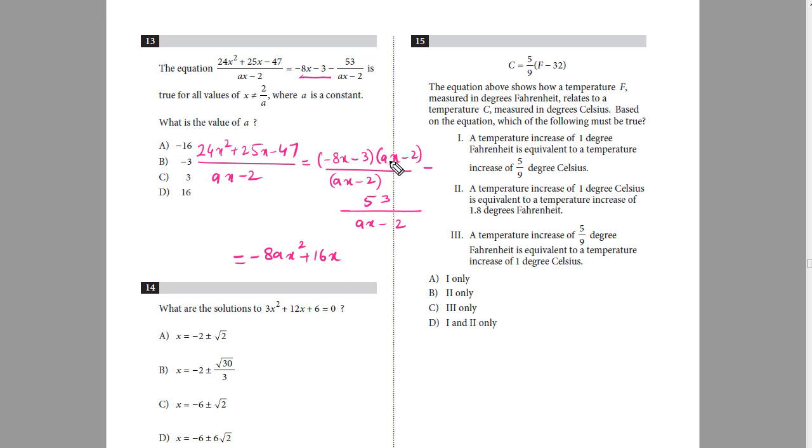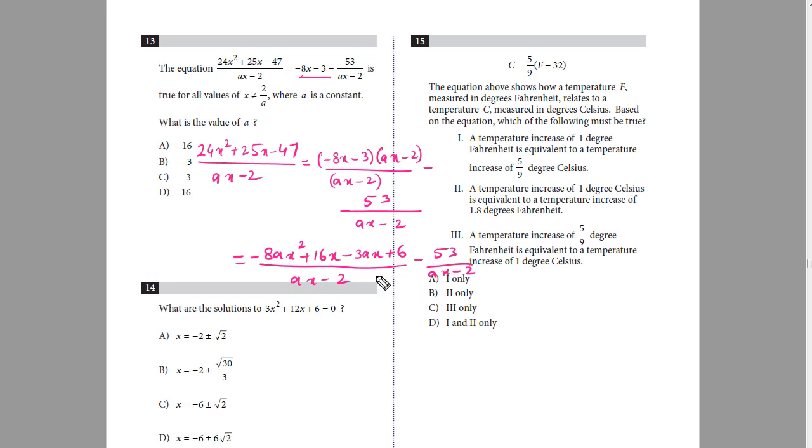Now negative 3 times ax, it will become negative 3ax, and negative 3 times negative 2, it will become plus 6, all divided by (ax minus 2), minus 53 over (ax minus 2).